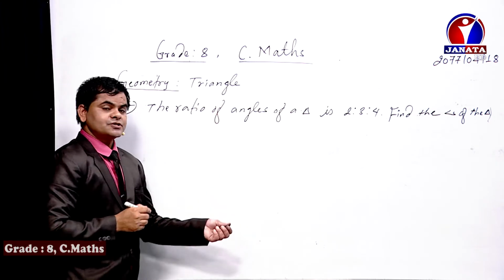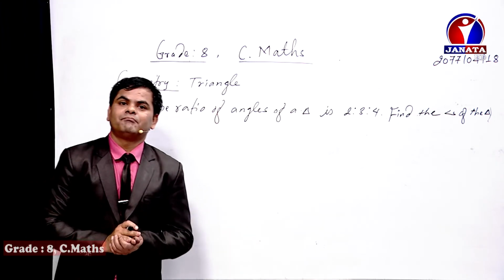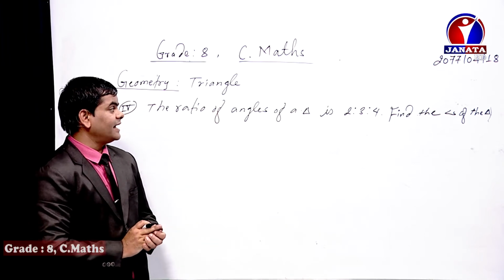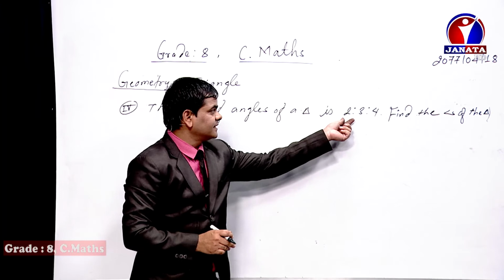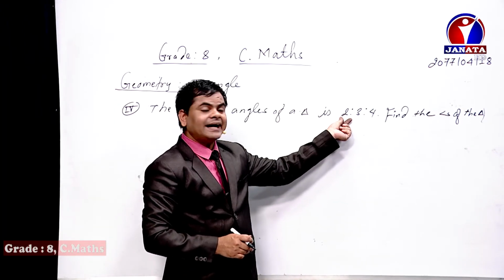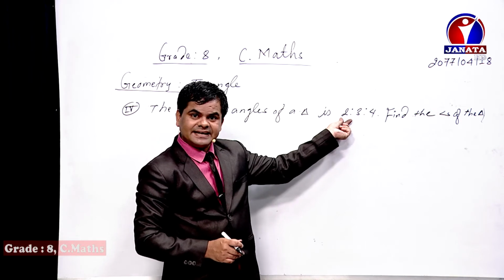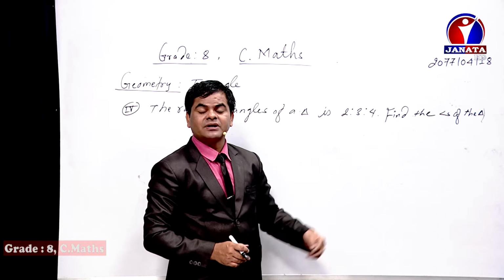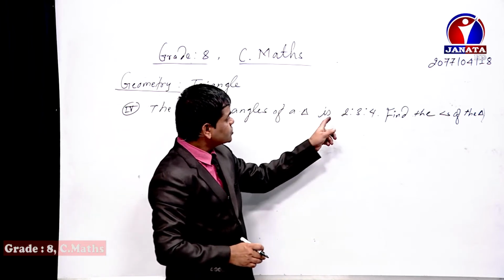As per this, dear students, it is better to make a figure. If you make a figure, then it will be clarified. What do you mean by this, dear student? If the value of one angle is 2 degrees, then another angle is 3 degrees and the other angle is 4 degrees. But in reality, it is not so.